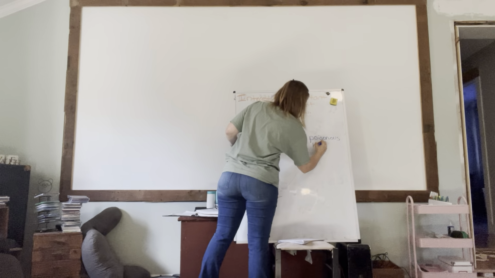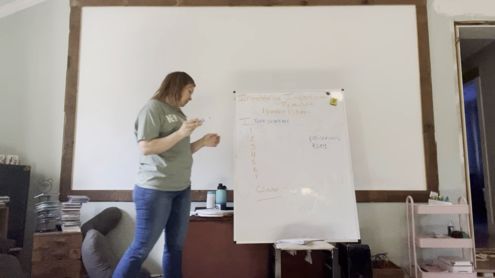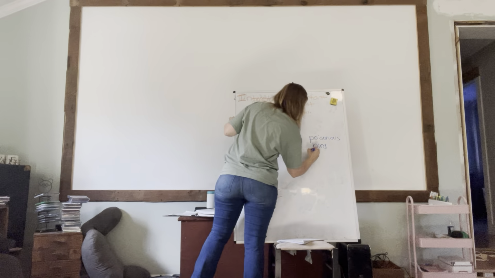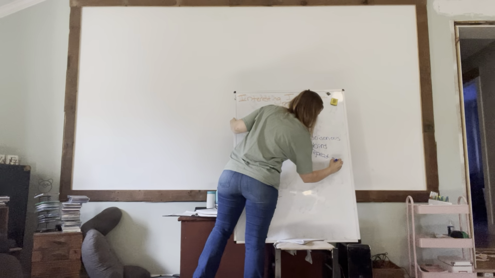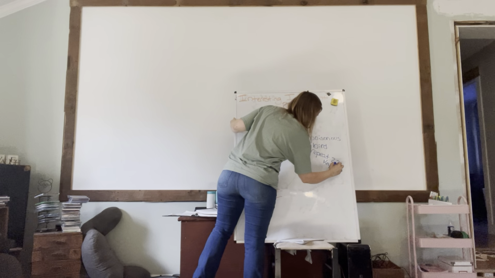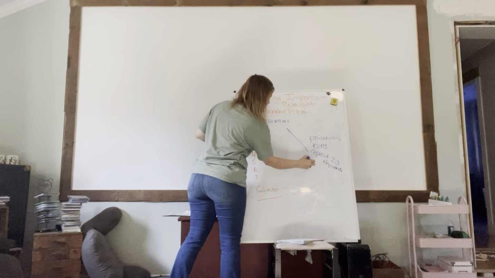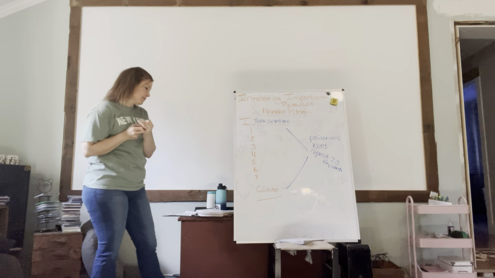So I think I used poisonous. I used bird. So there you go. You're going to repeat 2 to 3 keywords. Does that make sense? Between your topic sentence and your clincher, you're typically going to repeat 2 or 3 words.